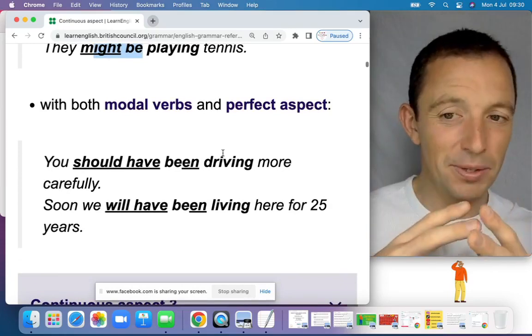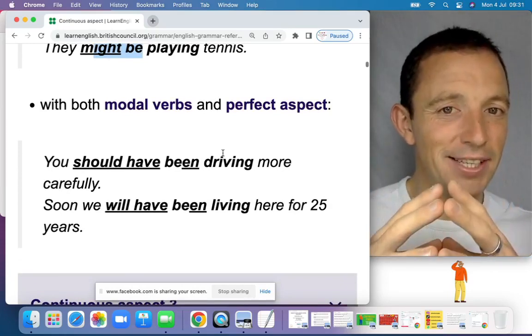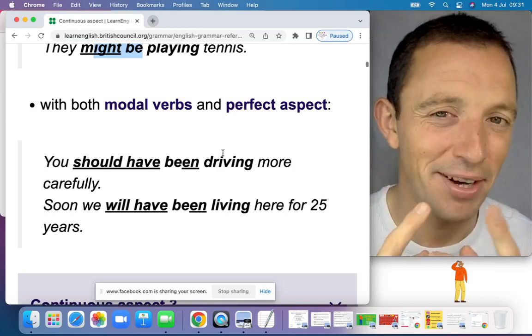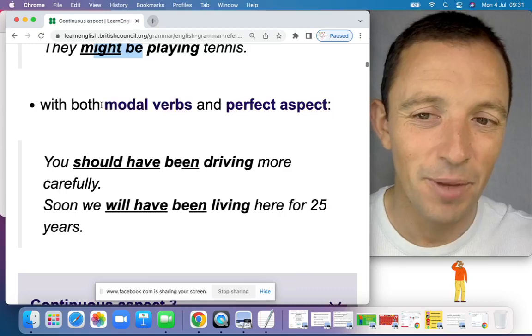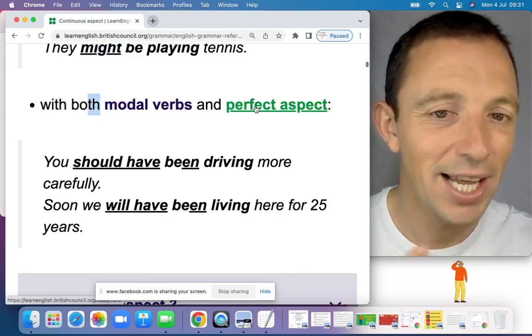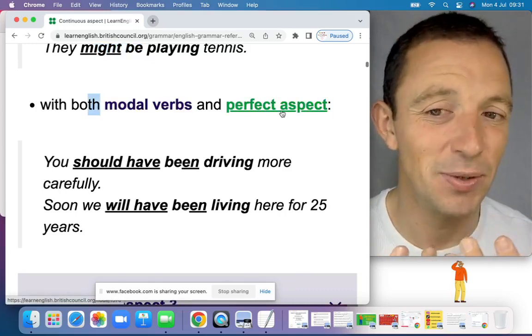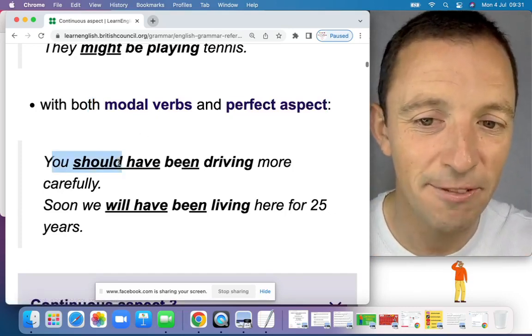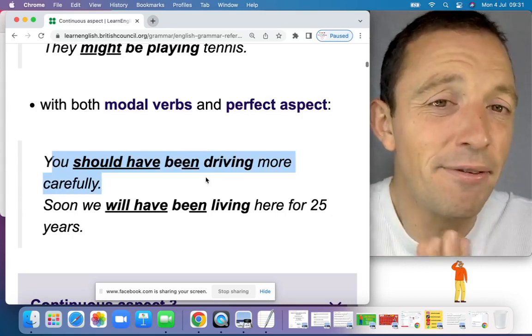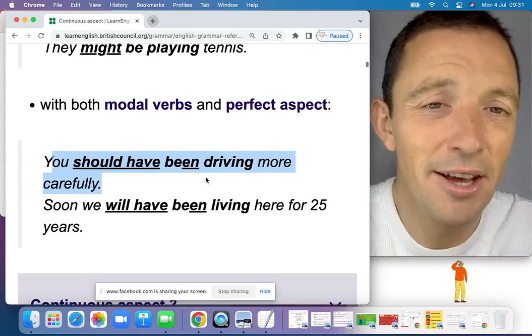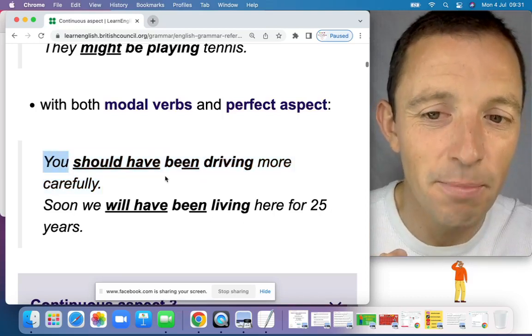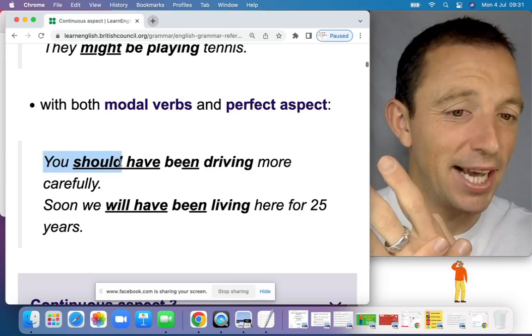It's also possible, the continuous aspect, with both a modal and the perfect aspect. So both the modal and the perfect are possible in the continuous aspect. Here it's a bit difficult. So you should have been driving more carefully. Very fluent, very advanced, very good quality English. But the subject is you. The modal is should for advice and recommendation.